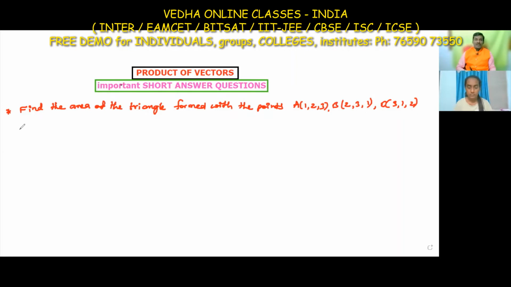Now, what are the given points? I am writing them as position vectors.